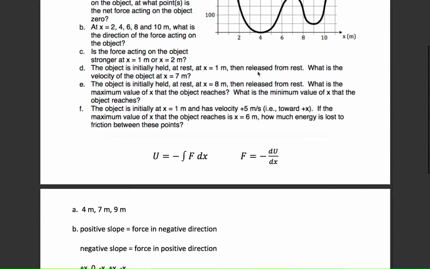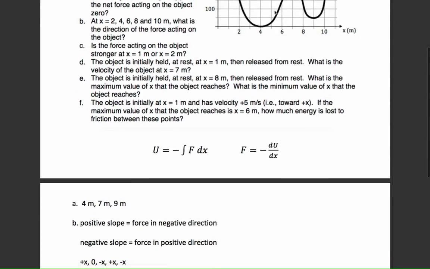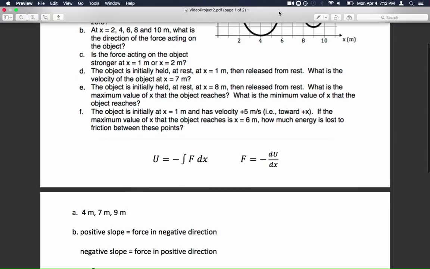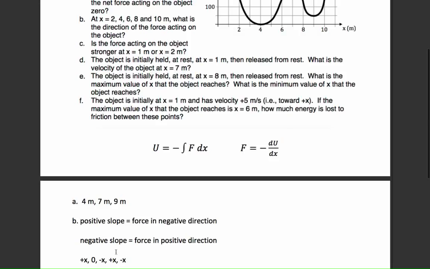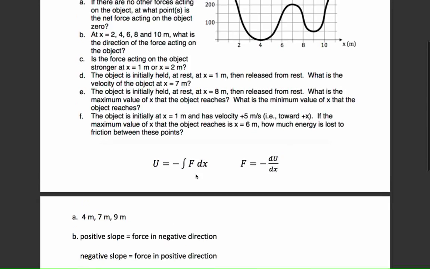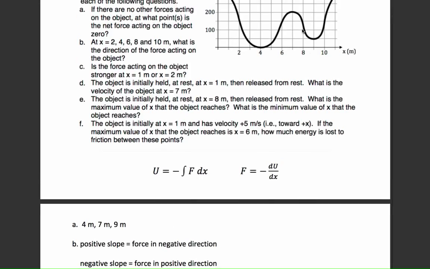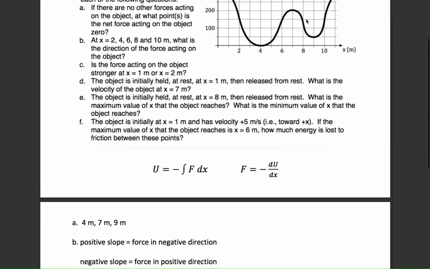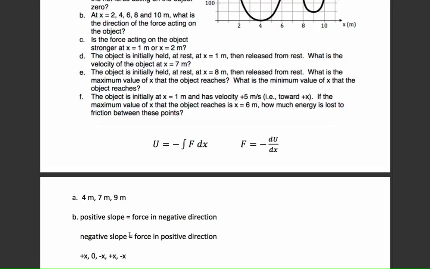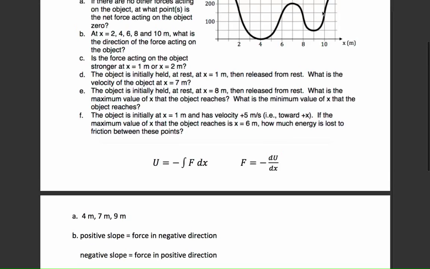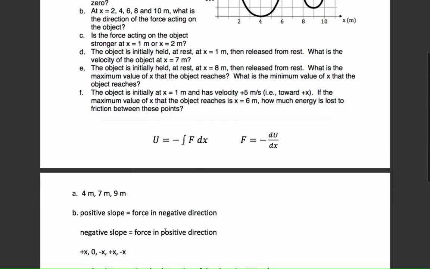At x equals 6, the slope is positive, so the force would be negative x. With 8, the slope is negative, so it has a positive force direction. And for 10, the slope is positive, so it has a negative x direction.